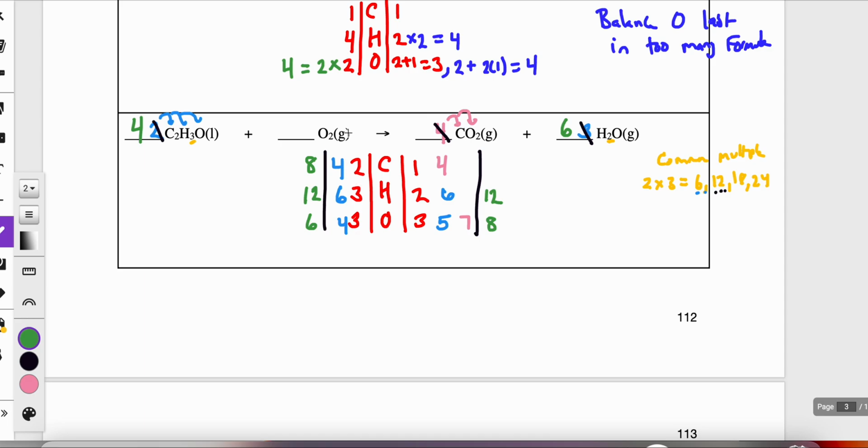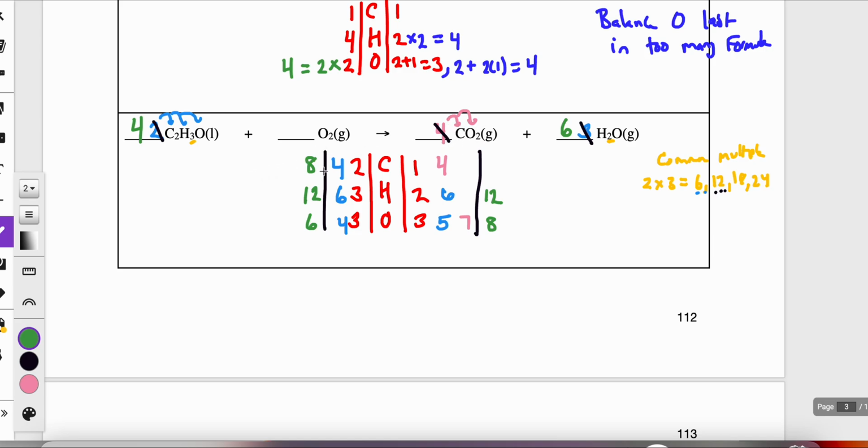So take a look. I only have 2 places that I can still put a coefficient. Both of them contain oxygen, which the count's not working out yet, but only one contains carbon, and the carbon count does not work out yet. So I'm going to go focus on the carbons.